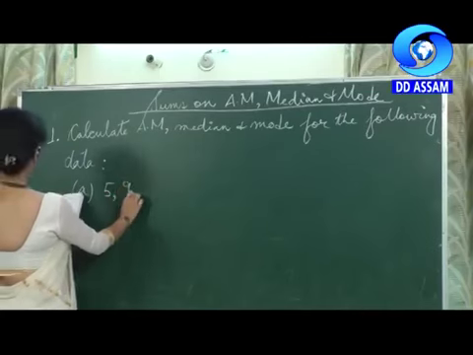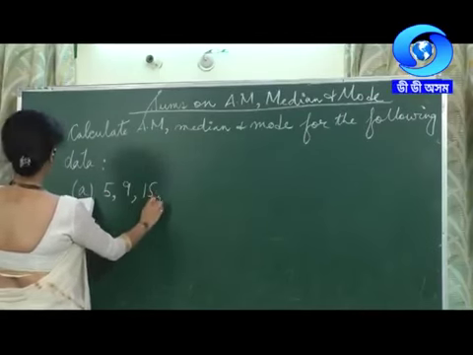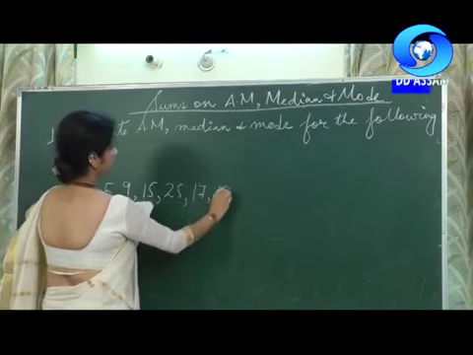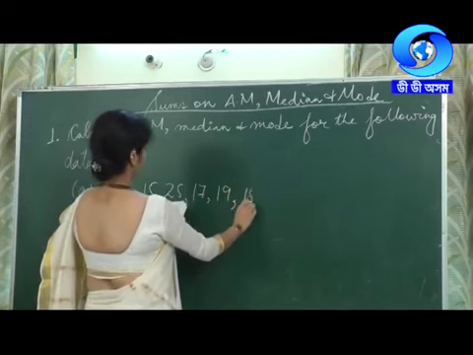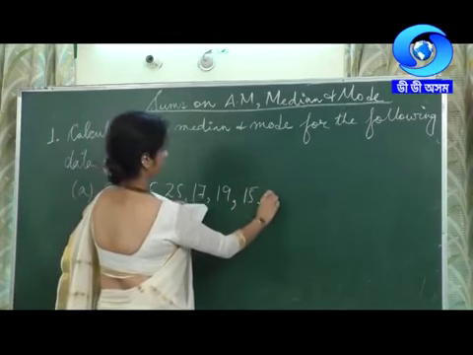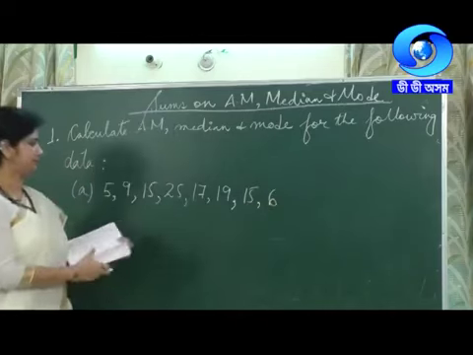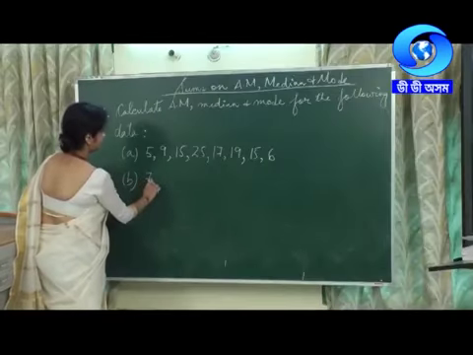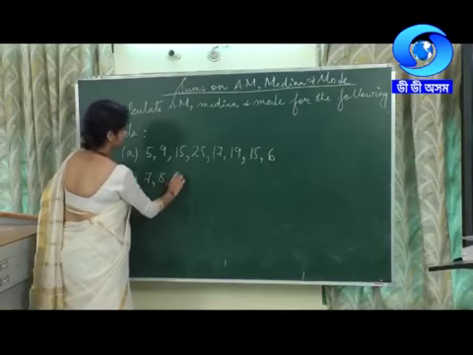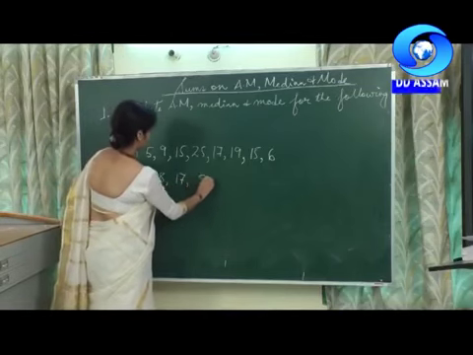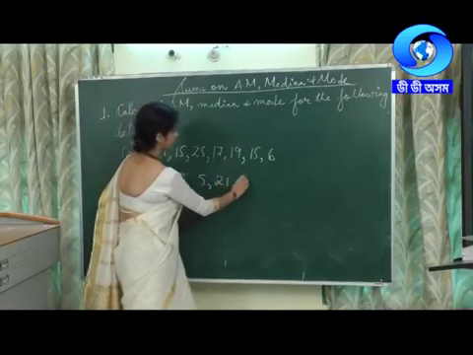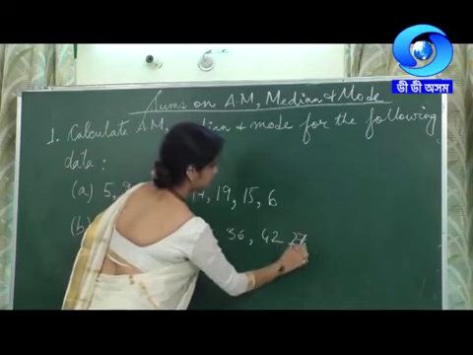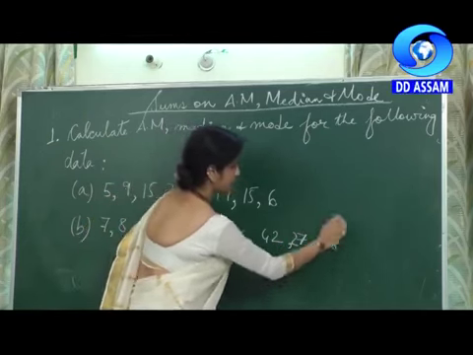Number A: 5, 9, 15, 25, 17, 19, 15, 6. Number B: 7, 8, 17, 5, 21, 36, 42, 27 and 38.